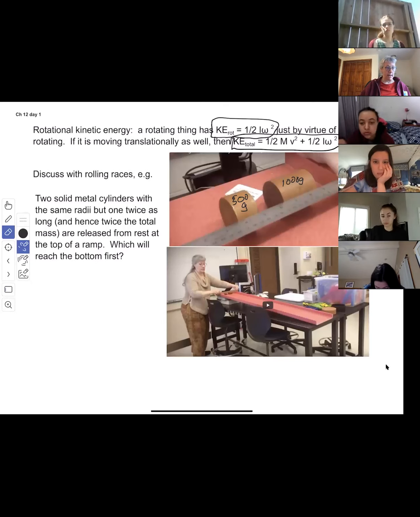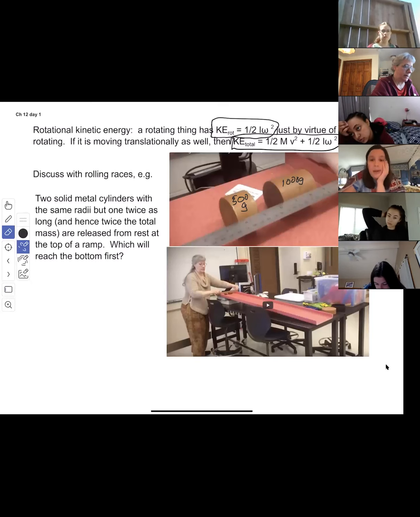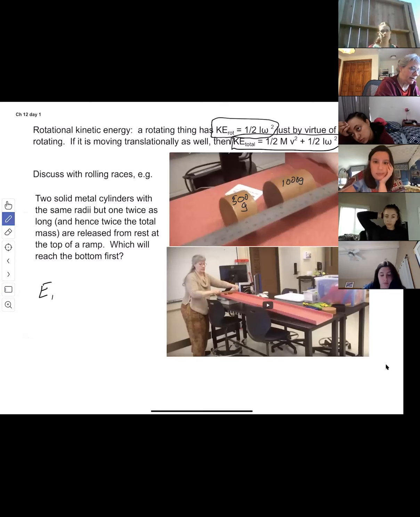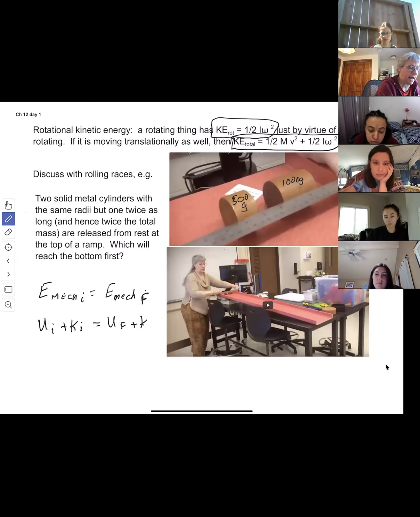But I want you to think about that problem. If you're going to do a problem that involves motion of an object, and you've got a before and an after, your energy conservation equation was normally something like total mechanical energy, in a situation where there's no friction, initial equals final. So that was normally U initial plus K initial equals U final plus K final.